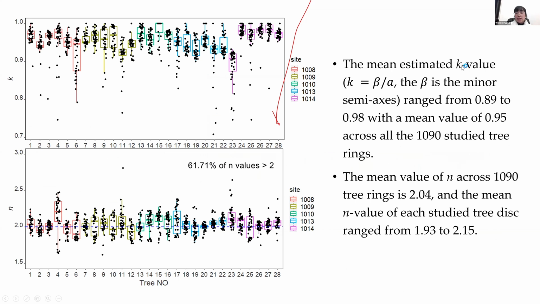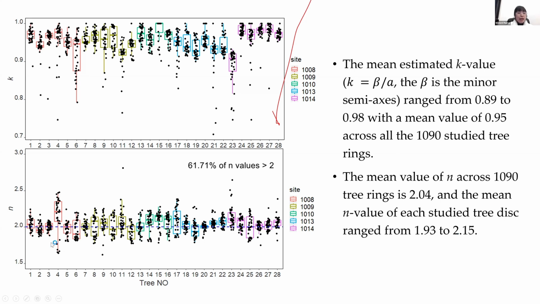The mean estimated K value ranged from 0.89 to 0.98 with a mean value of 0.95 across all the 1,090 studied tree rings. And the mean value of the N parameter across all the studied tree rings is 2.04, which is very close to 2. The mean value of each studied tree disc ranged from 1.93 to 2.15.